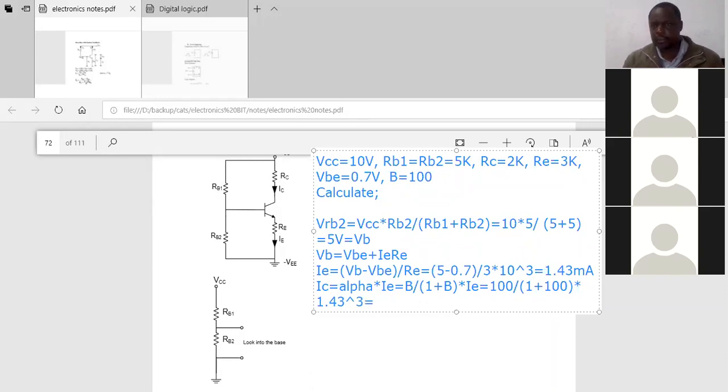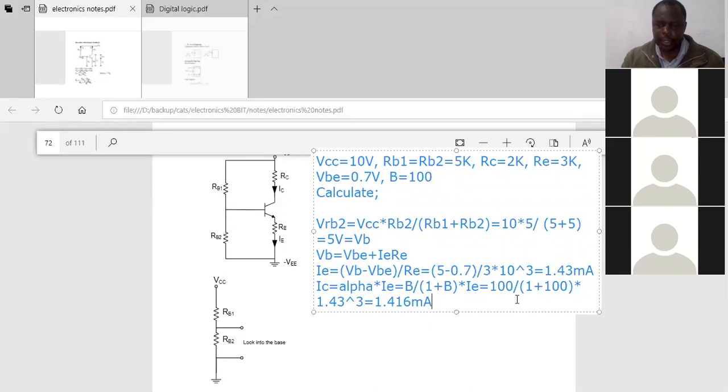Give me the results. It's actually 100 divided by 101 times 1.43. That becomes 1.42, more approximately 1.416 milliamperes. That's what you expected to get.